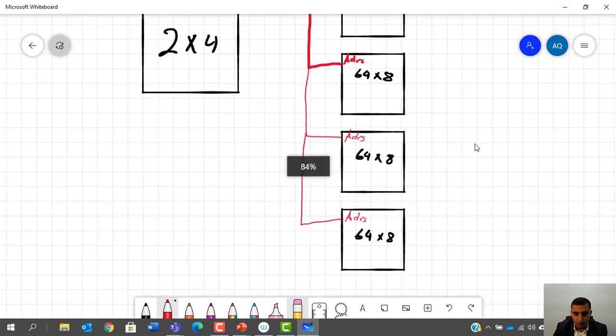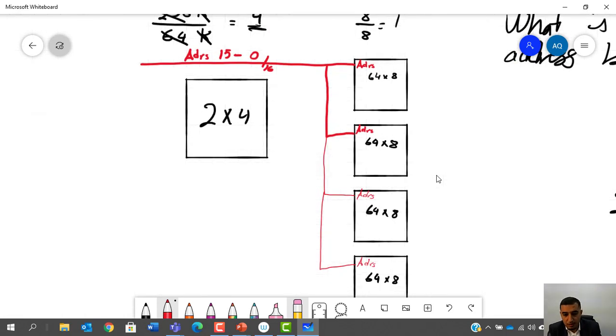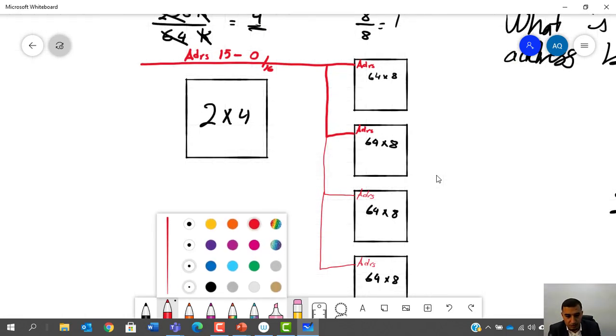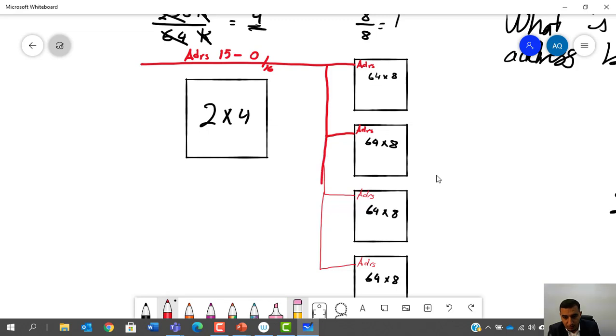Now, let me fix this one again. Okay, this is for the address bus.